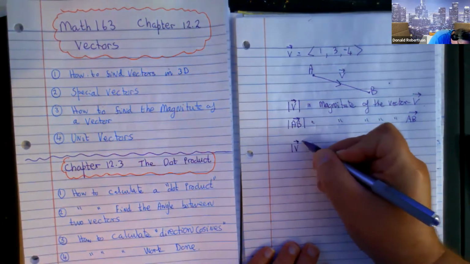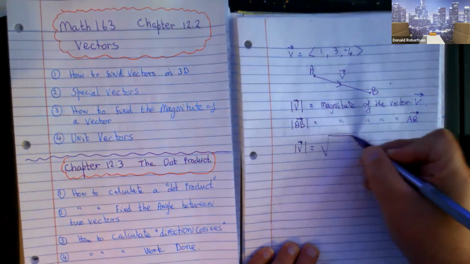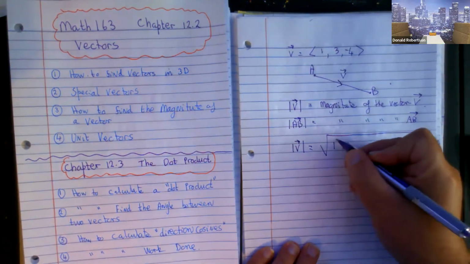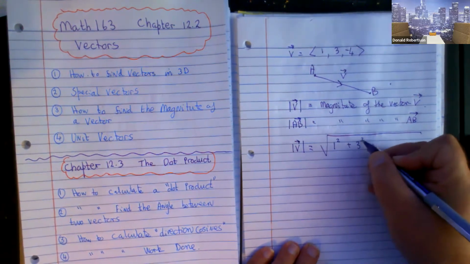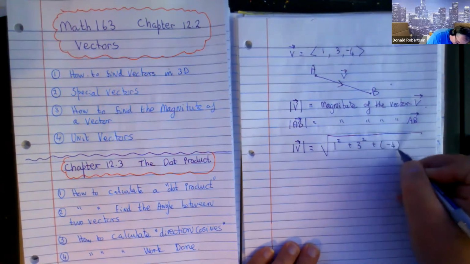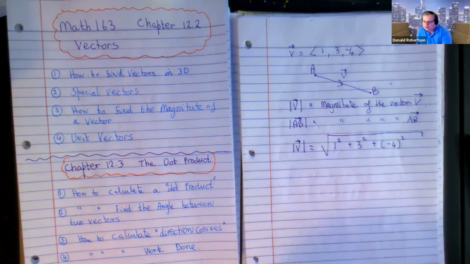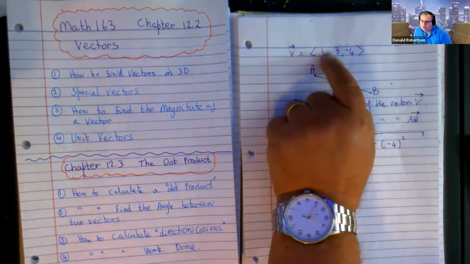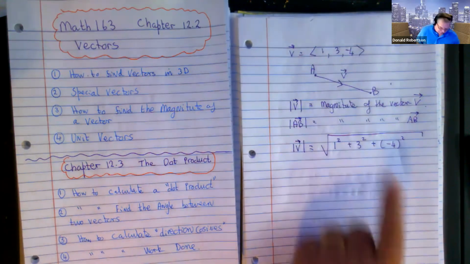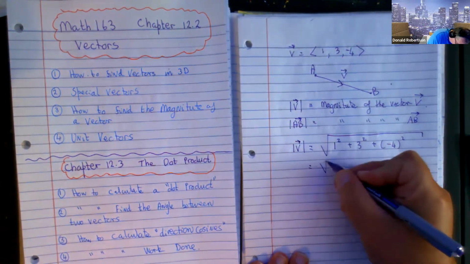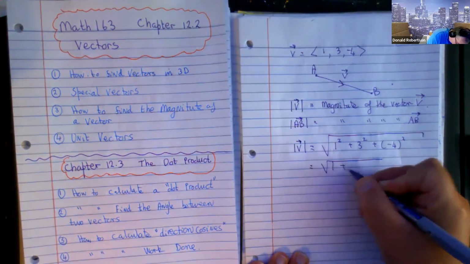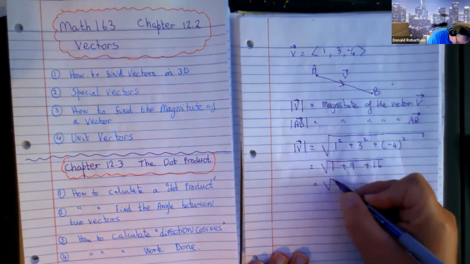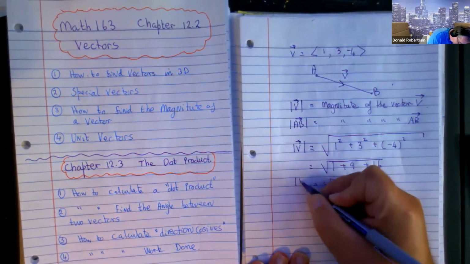The magnitude of a vector is the square root of its components squared and added. So 1 squared, 3 squared, -4 squared. So getting the magnitude of a vector is actually quite straightforward. Don't you take its components, square them and add them like this. So in this case, that's going to be the square root of 1 plus 9 plus 16. And that's going to be, in this case, the square root of 26.